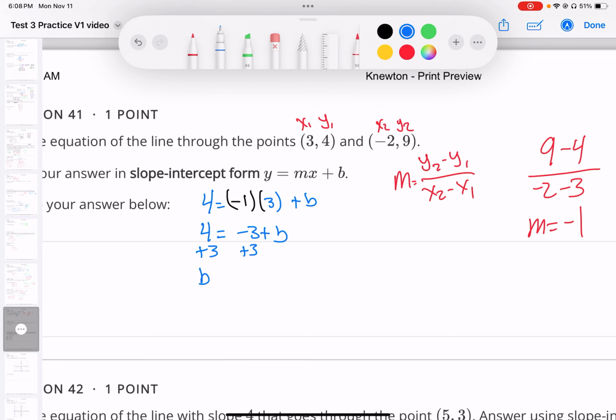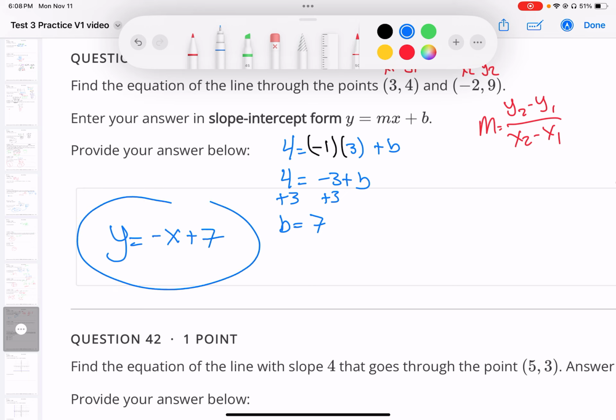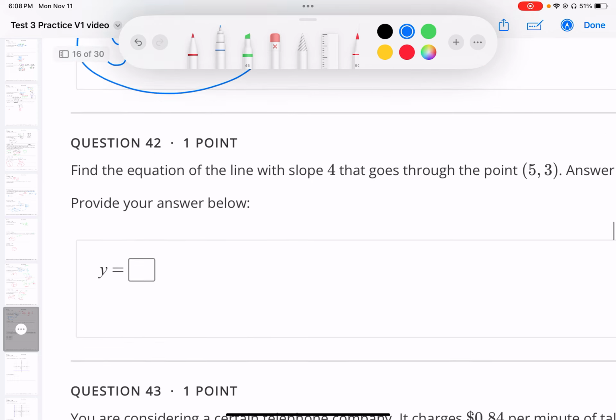So that'll give me b equals positive 7. So slope-intercept form, I got y equals m, which is negative 1, so negative x, and then plus 7 will give me my slope-intercept form. And if you would have plugged in the negative 1 with the second point instead of the first, either way it would work.